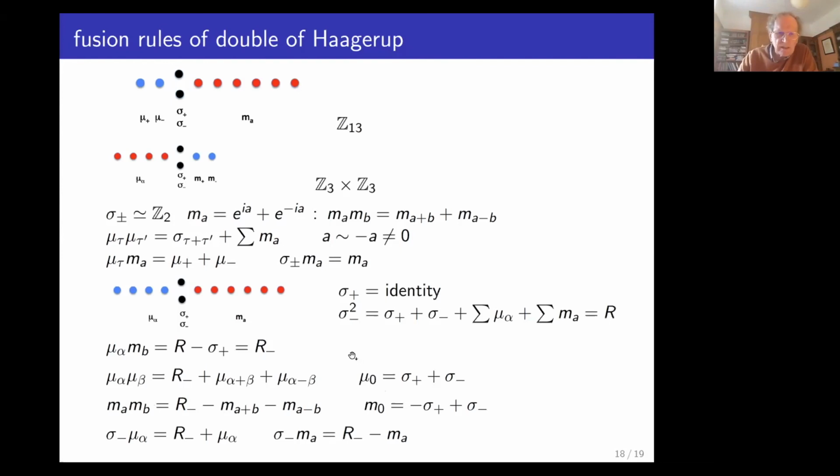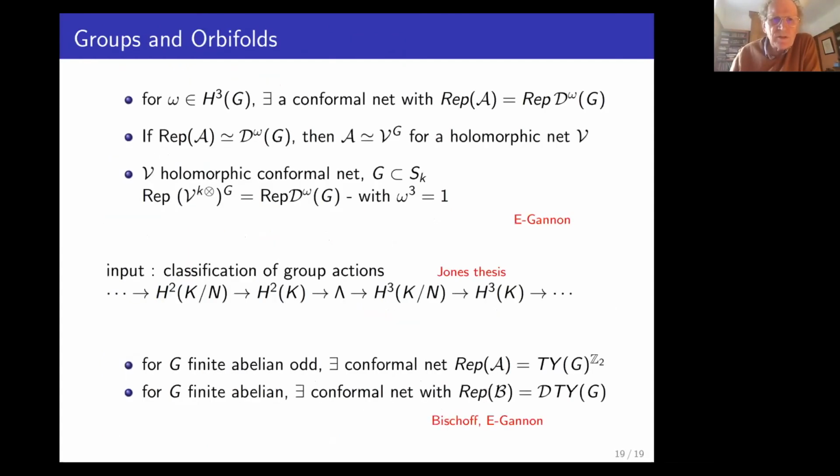And so there's this very highly structured formulation of the fusion rules for the double of the Haagerup in terms of these two Tambara-Yamagamis, or at least their orbifolds. So that suggests the first thing to do to understand the double of the Haagerup is to understand better the doubles of Tambara-Yamagami and their orbifolds.